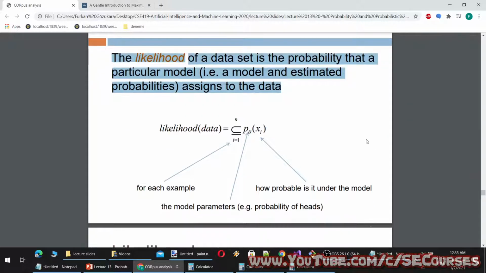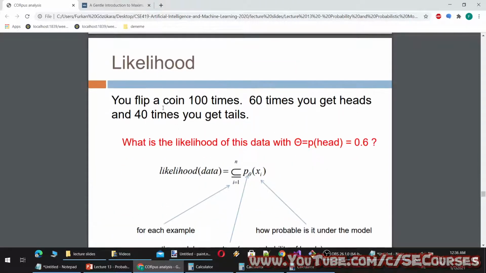The likelihood of a data set is the probability that a particular model, i.e. a model and estimated probabilities, assigns to the data. For each example i to n, given the model parameters, e.g. probability of heads, how probable is it under the model?